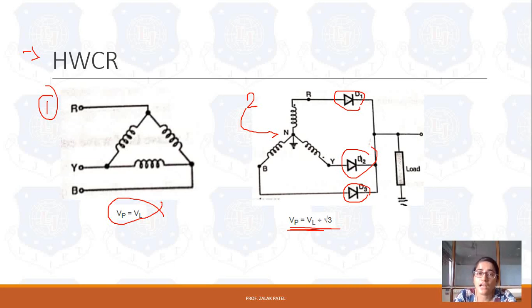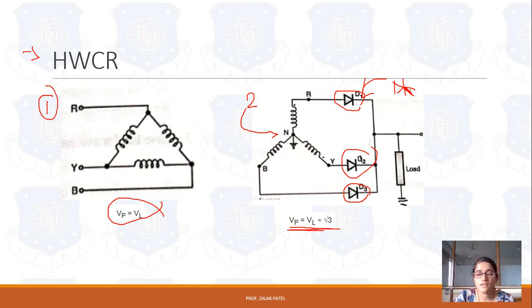If we connect an SCR instead of this diode, it will be like this. One gate terminal is added, and because of this gate terminal, it provides the control operation. This is how HWCR is called a controlled rectifier in three phase.